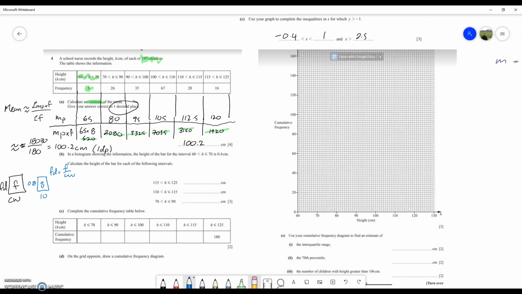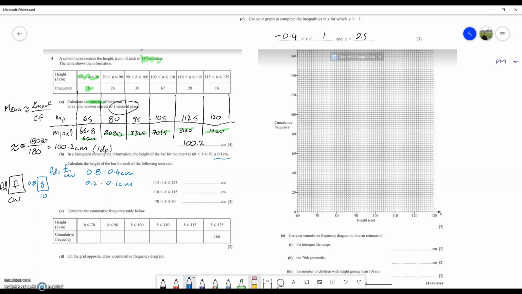Now, the important thing is that we're also told that our frequency density of 0.8 has a height of 4 centimeters, so it's in a ratio with 0.4 centimeters. If we simplify that ratio, it means 0.2 of frequency density is equal to 0.1 centimeters of height on our graph.